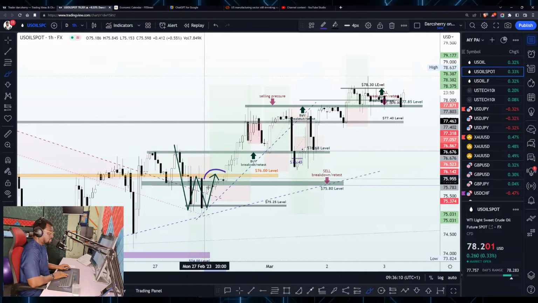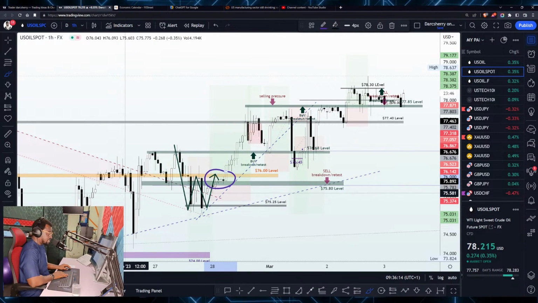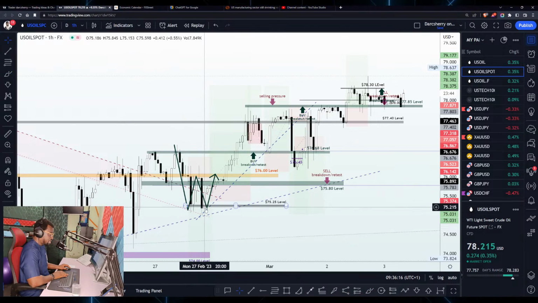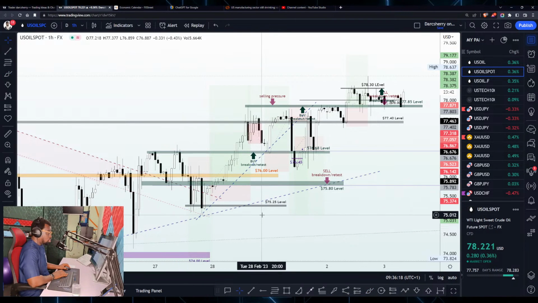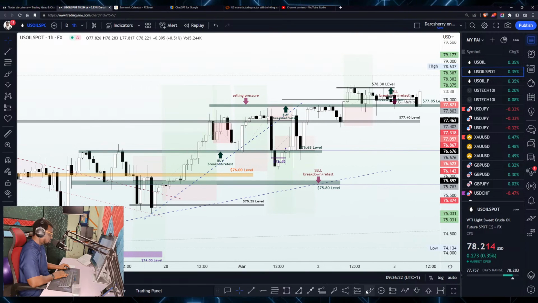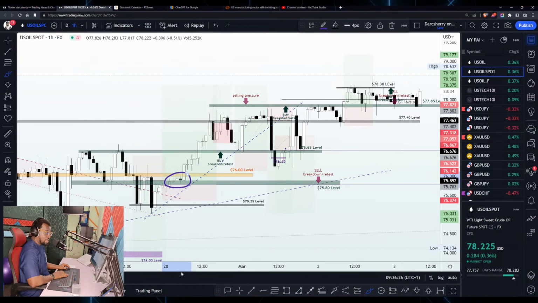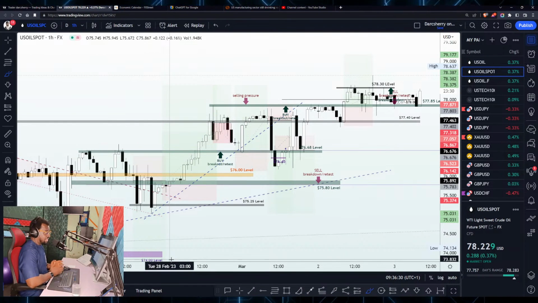So we had the neckline sitting around the $76 area and the $75.80 level. We were waiting for a breakout retest of that structure to trigger our buy stop order. It was interesting that price action broke out and retested that structure a couple of times, and it was at this point we started buying the US oil for this week.